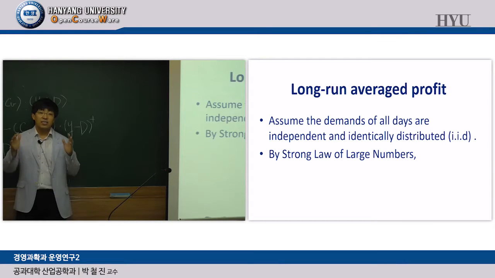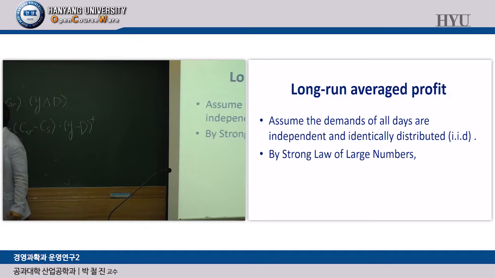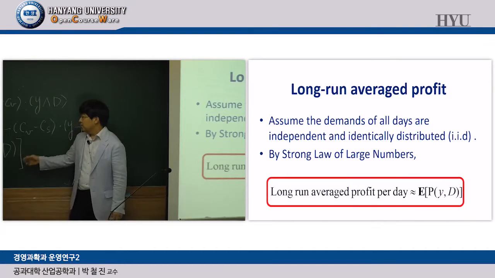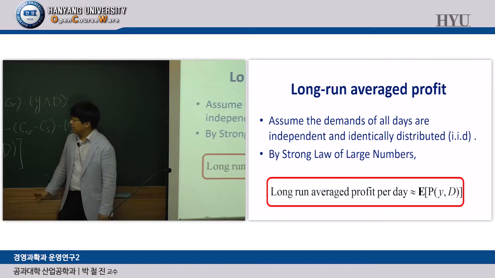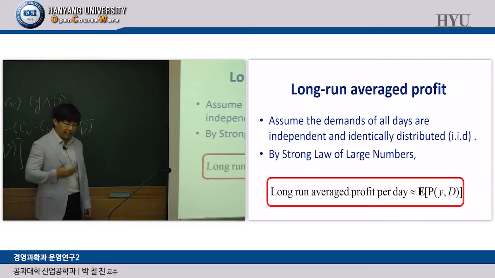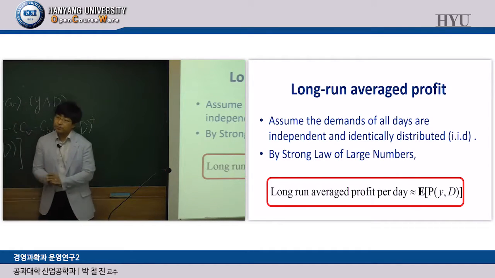That means this profit has a certain distribution. We don't know it, but based on the strong law of large numbers, the expected value of profit is the same as the sum of all the profits divided by n, as n goes to infinity. As n increases, this value converges to the true expected value.